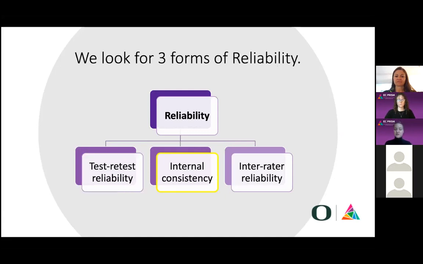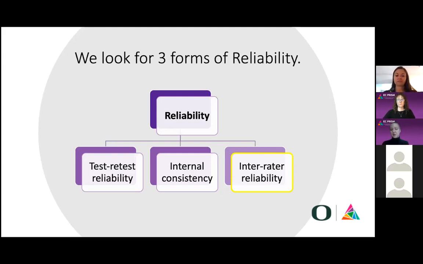Internal consistency is about consistency across items within a measure. So if a measure includes multiple items, all of those items should be measuring the same thing. And if that's true, then it will produce good internal consistency statistics. Inter-rater reliability looks at consistency across trained raters who are using the measurement tool.